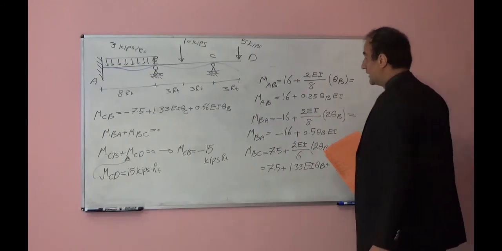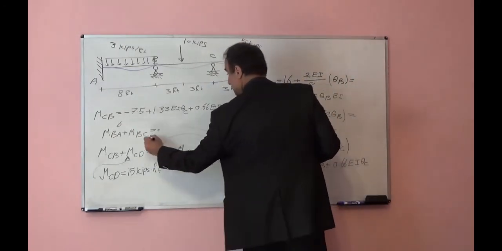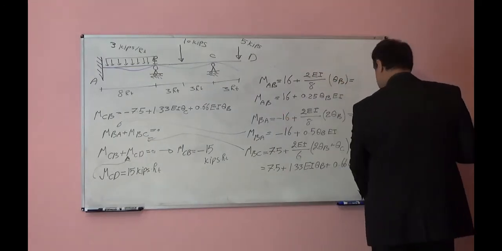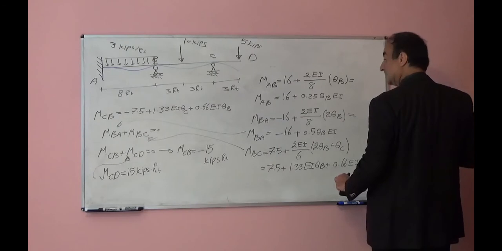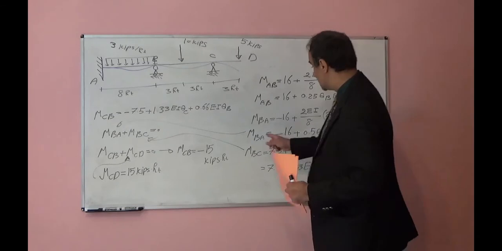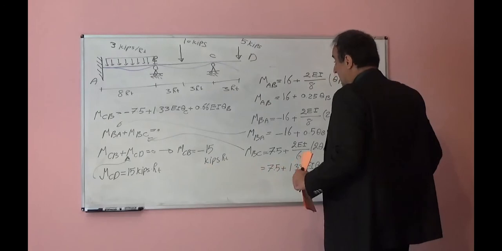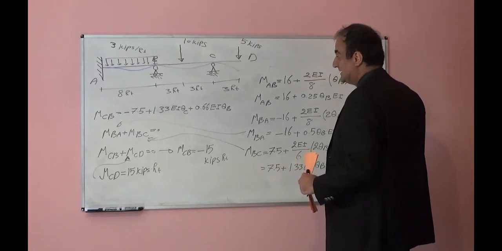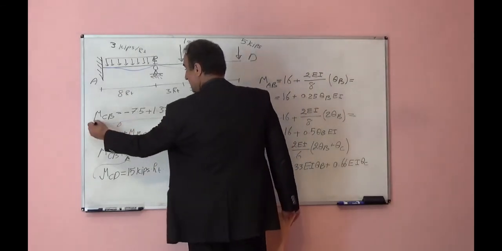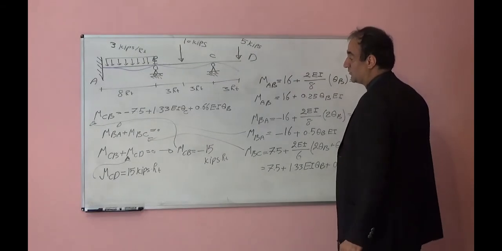Let's plug M BA from here and M BC from here into this equation, and M CB from here. We will have two equations and two unknowns.